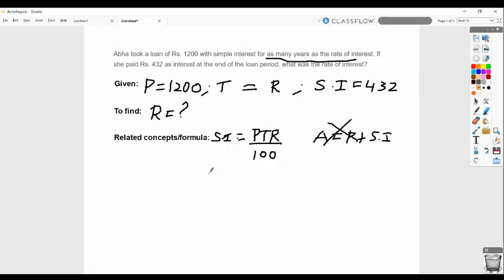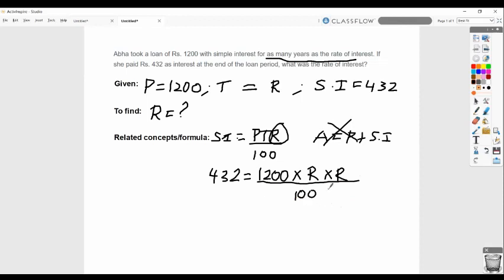Now again plugging in all the values. Simple interest is 432, equal to the principal, which is 1200, times the time, which is nothing but the rate. So instead of the t, I'm going to write the same as r. And the second r is from this point, over 100.